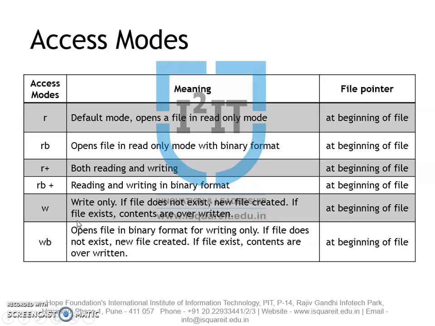And if the file exists, then contents will be overwritten in a write mode. It will again start from beginning of the file. If the access mode is written as wb, then it opens a file in binary format for writing operation. If file does not exist, then new file will be created. Otherwise, contents will be overwritten in the old file. This also starts from beginning of the file.